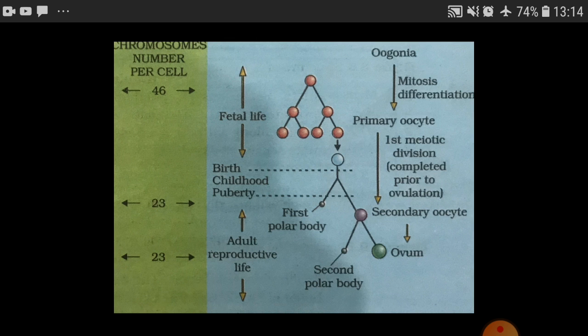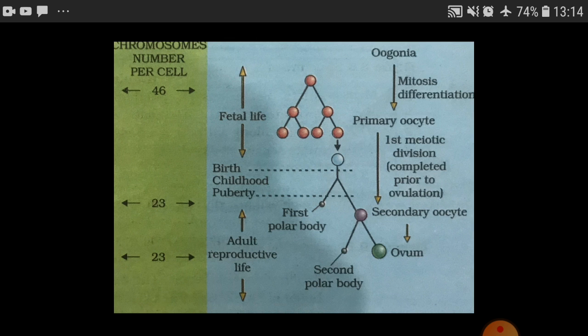Each primary oocyte then gets surrounded by a layer of granulosa cells and is called a primary follicle. A large number of these follicles degenerate during the phase from birth to puberty. So at puberty, only 60,000 to 80,000 primary follicles are left in each ovary.